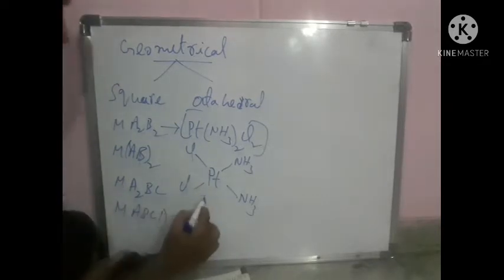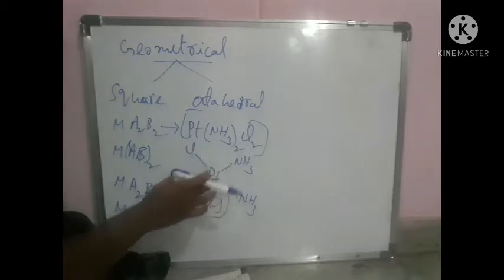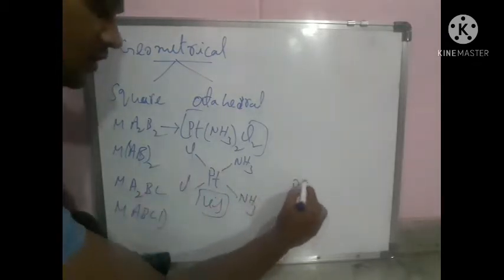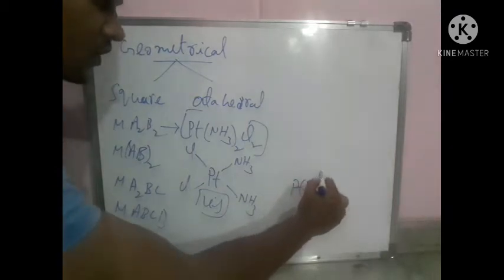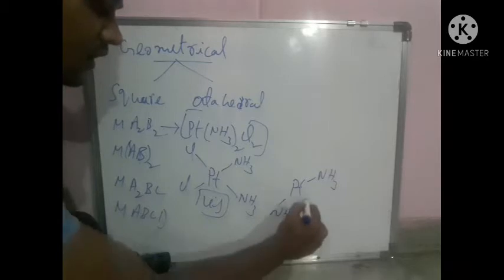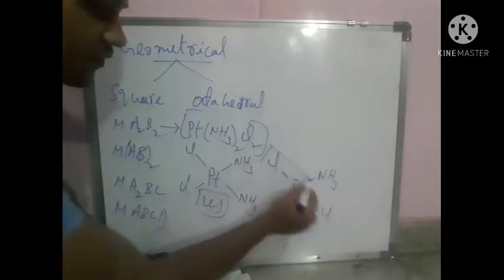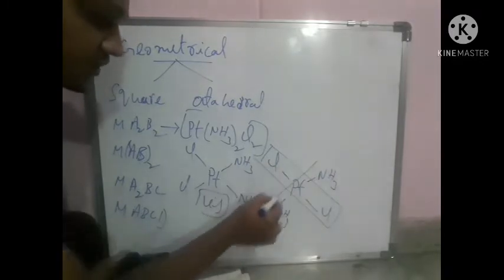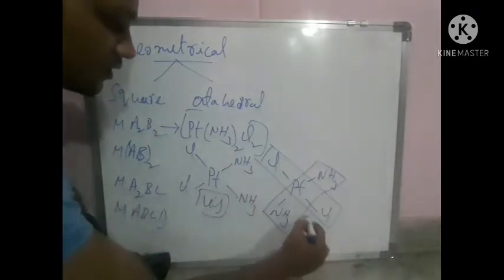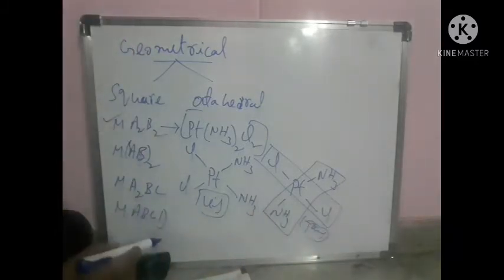This is called cis isomer, and this compound is used for treatment of cancer. And next, platinum with NH3 and NH3 and Cl and Cl, where similar kinds of ligands are present in opposite directions, so it is called trans. So that is the first kind of example.